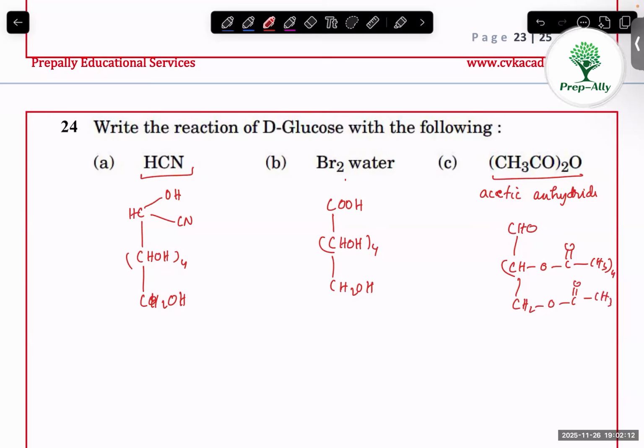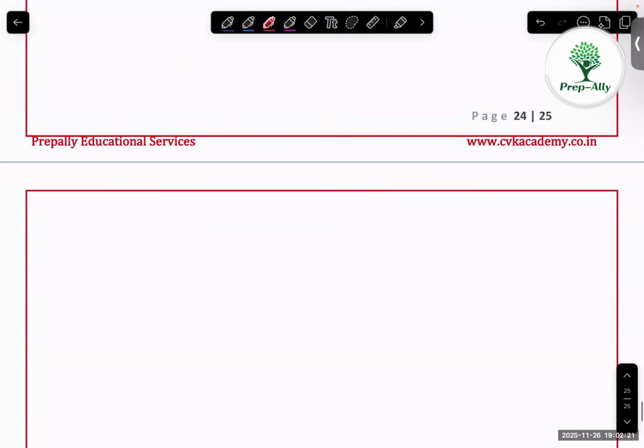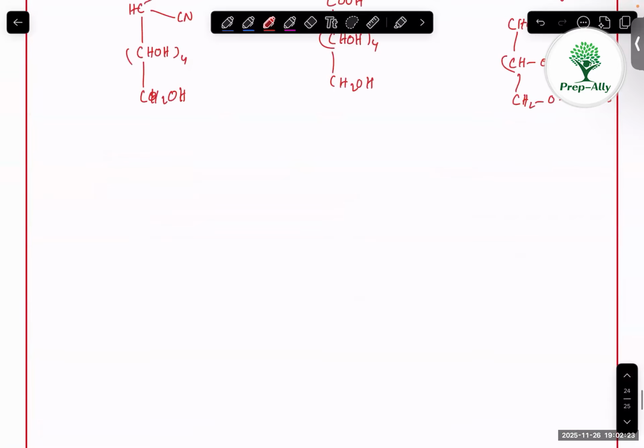So these three products, starting with the acetic acid, you'll be getting 3 marks. 3 marks question for 3 of them. Very simple only. So that is the end.